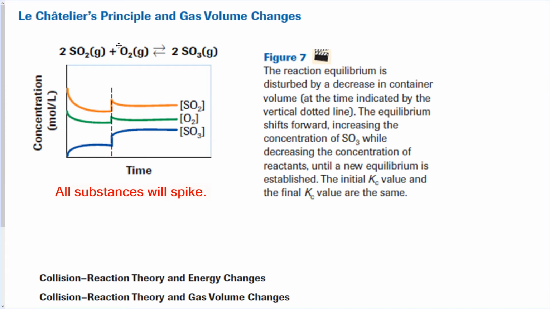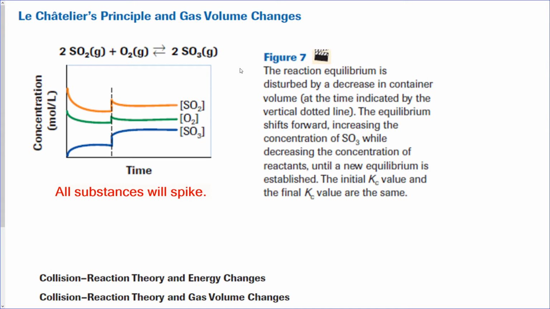The opposite is also true. If I increase the volume, so decrease the pressure, if I open it up more, it's now going to shift toward the left, or backward, depending how you want to say it. So the concentration of the SO3 is going to decrease in that case, and the concentrations of O2 and SO2 would increase.